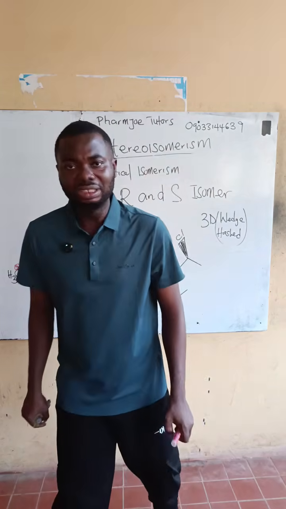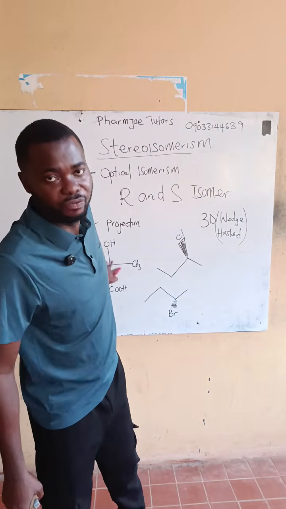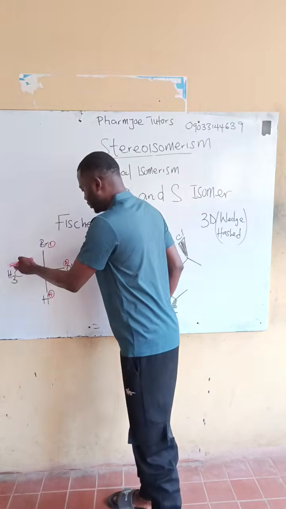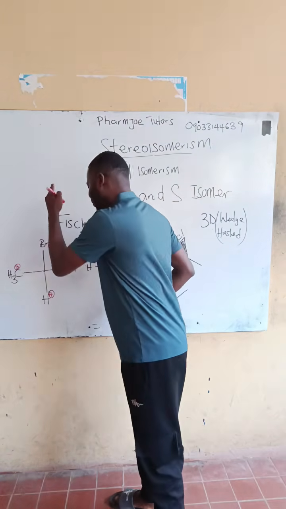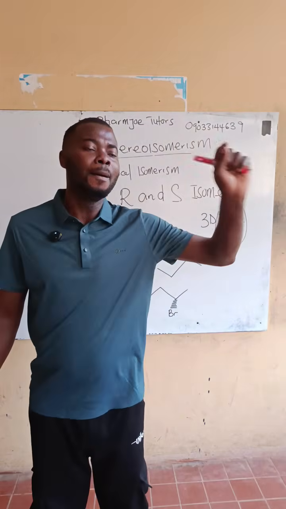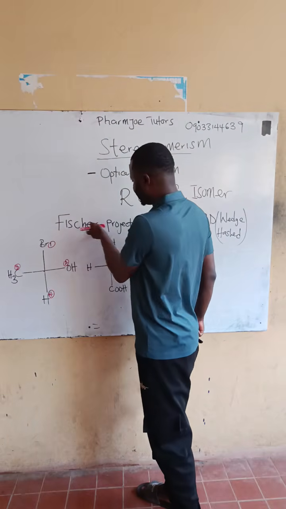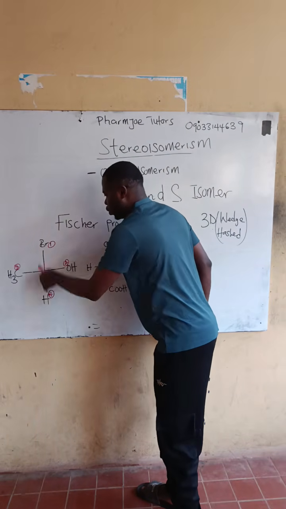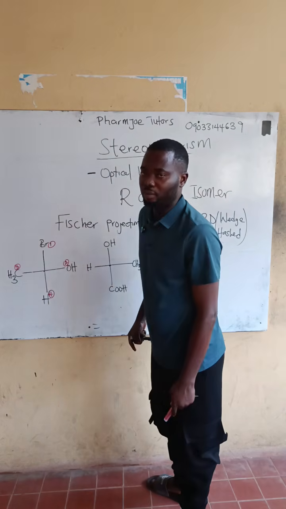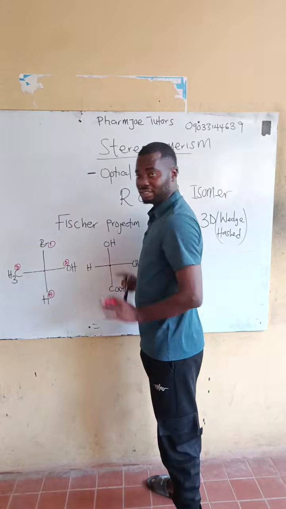Vertical means it is pointing away from you, towards the board. Horizontal means it is pointing towards you. So the rule says the lowest priority must be pointing away from you, meaning that in Fischer's projection, it should be on the vertical line. Now, if you look at our hydrogen, it is appearing on the vertical line. Because it's on the vertical line, I'll leave it this way.